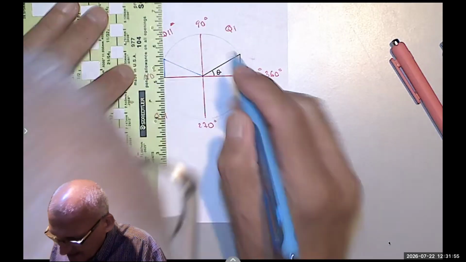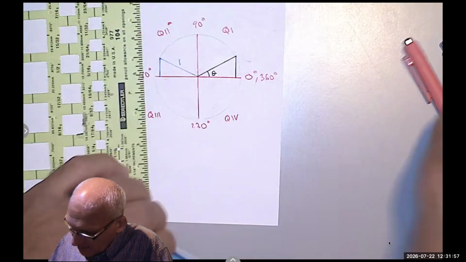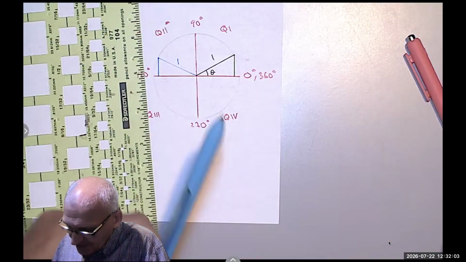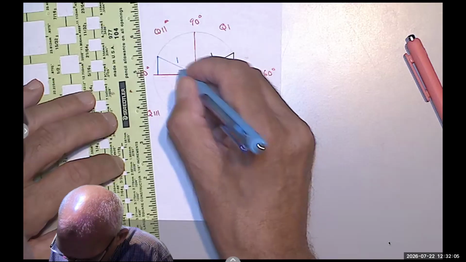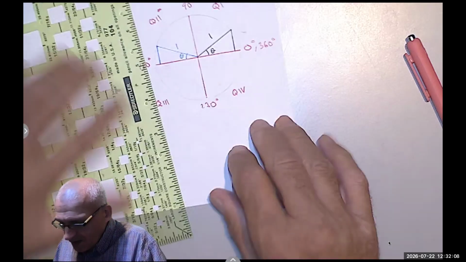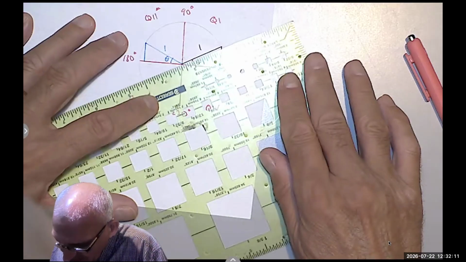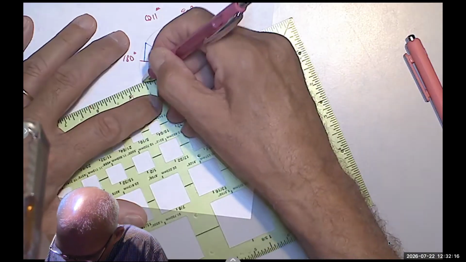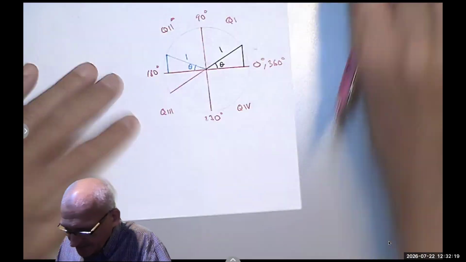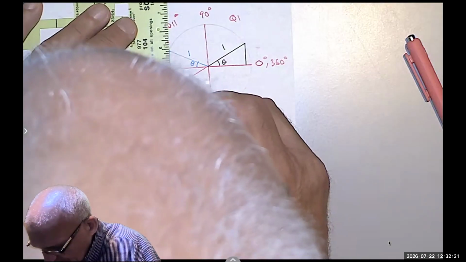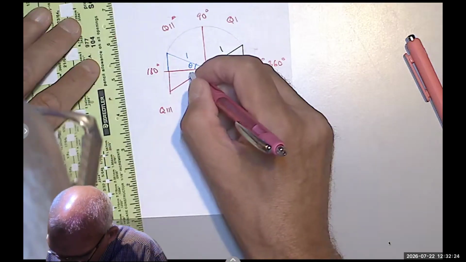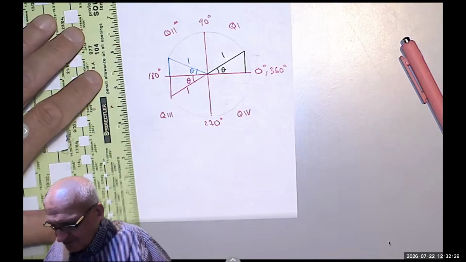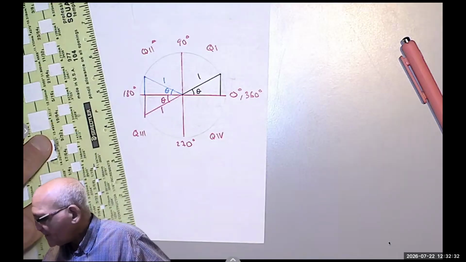And in all cases, my hypotenuse is 1. If I am in the third quadrant, so that would be the theta. Since I called it theta, they have to have the same measurement. Theta, and this is 1. And finally, I have another theta.